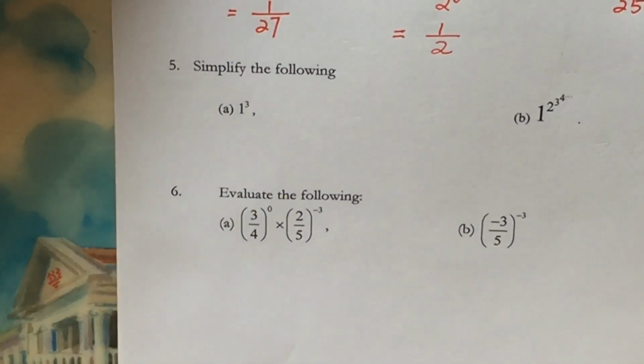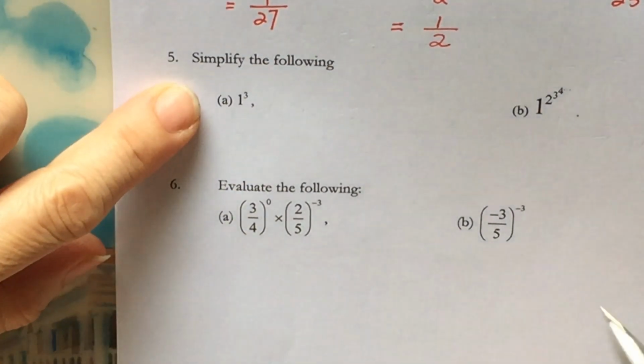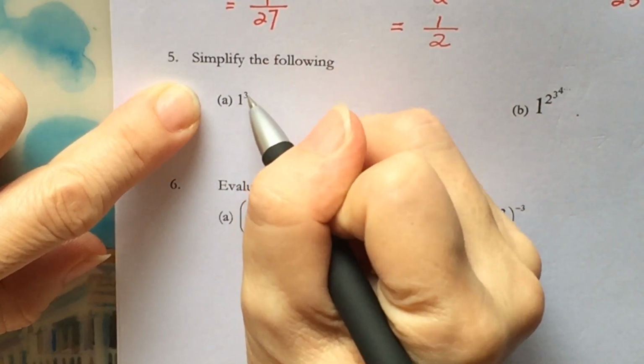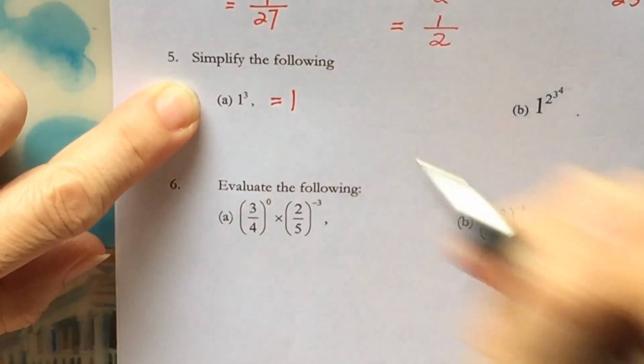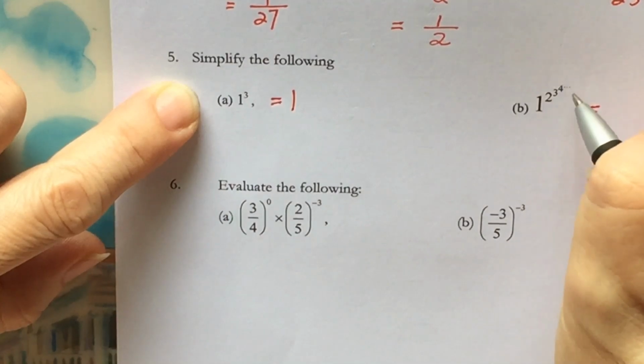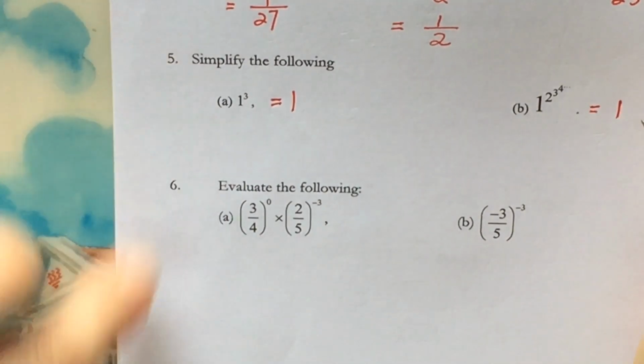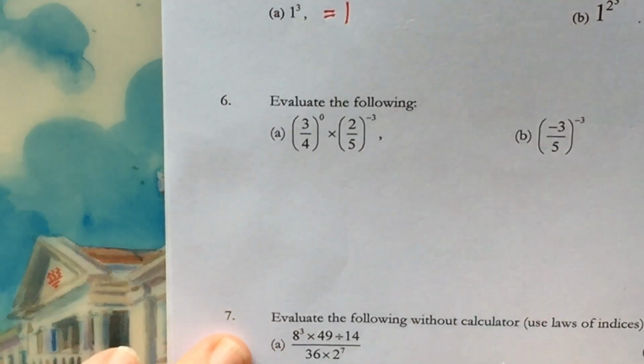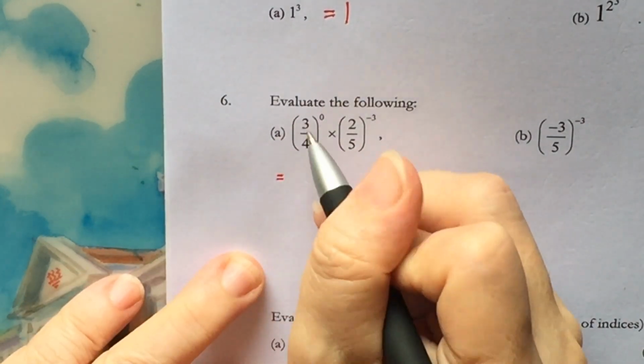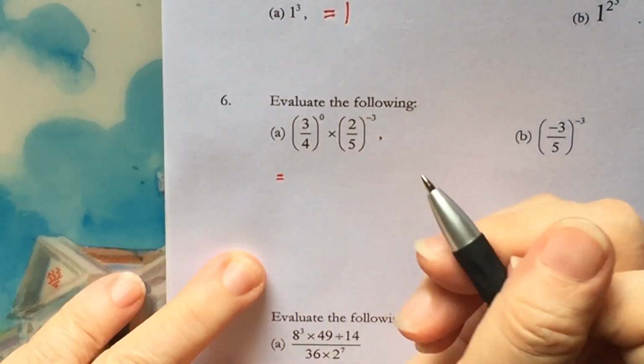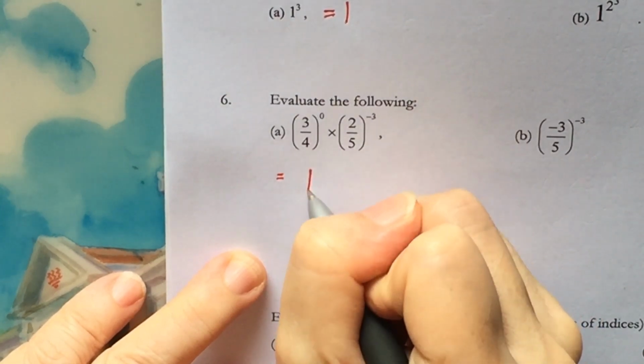Simplify the following. So here 1 power 3 is just 1. 1 power of many powers is just 1. Question 6. 3 over 4 raised to the power 0 is actually a 1.